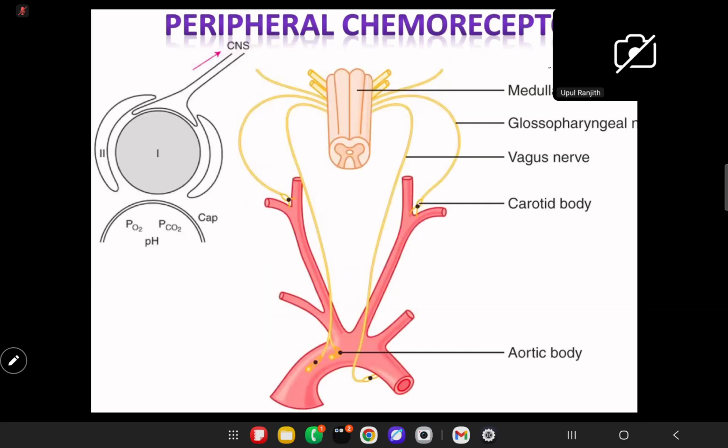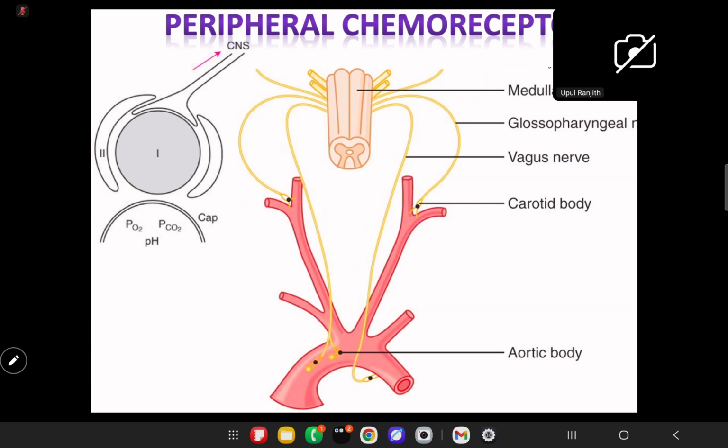Then there are peripheral chemoreceptors. They are situated in the carotid bodies at the bifurcation of the common carotid artery, and the aortic bodies over the aortic arch.